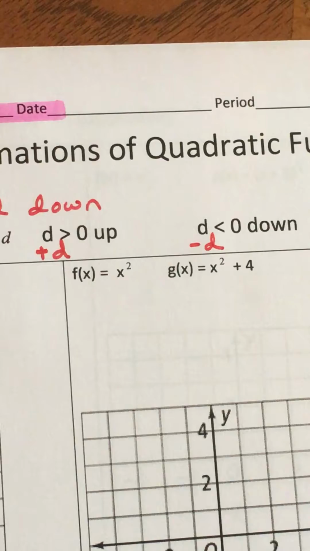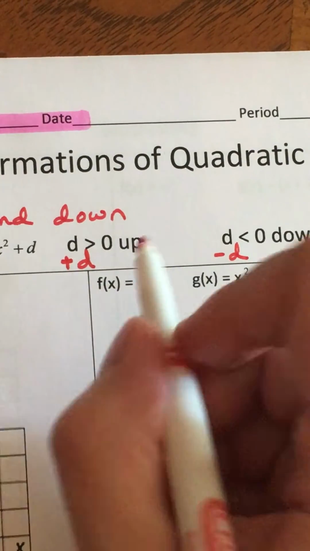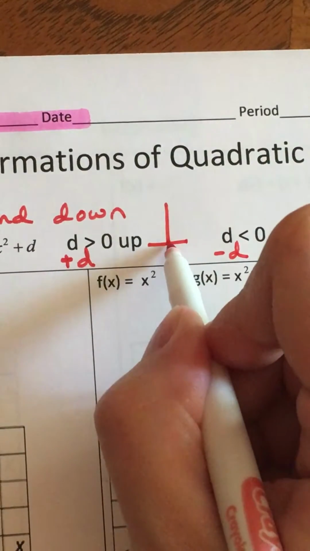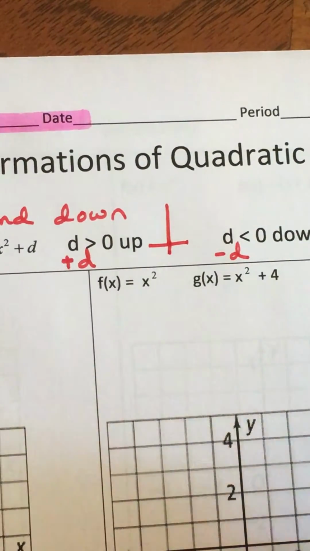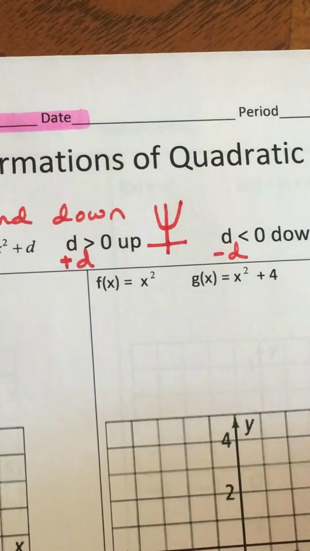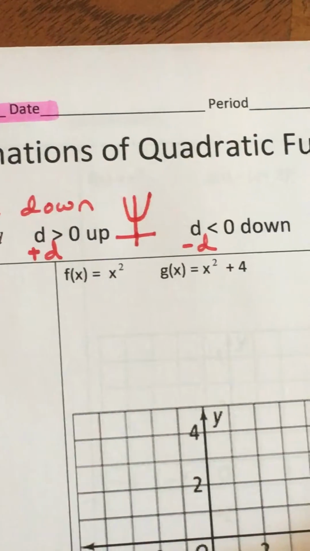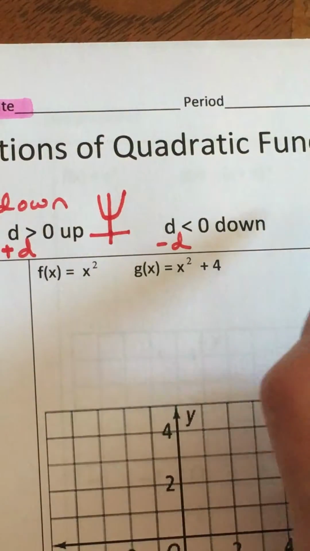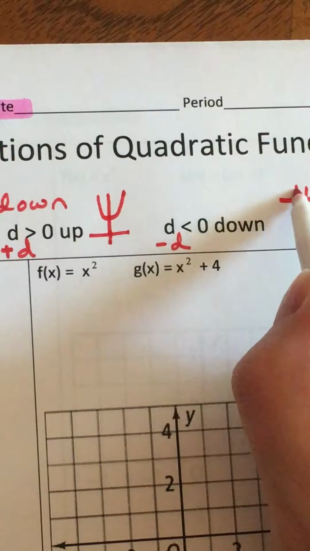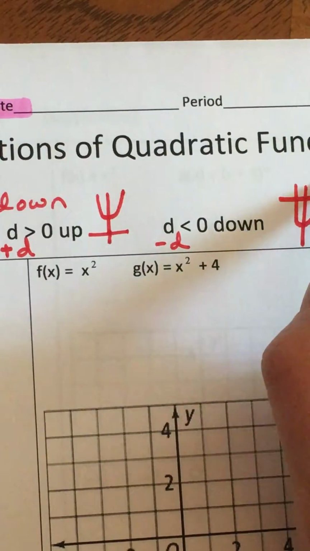So a quick reference might be to say, if that's my original coordinate plane, my plus d would look like that. And if this is my original coordinate plane, my minus d would look like that.